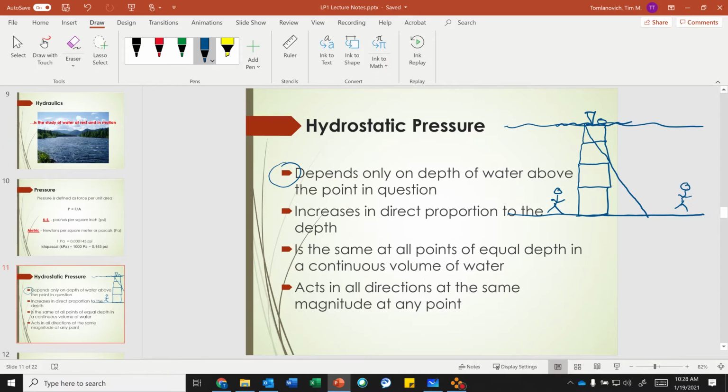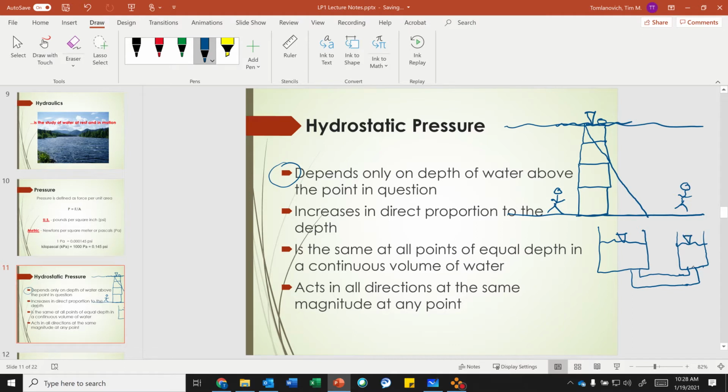So the third point is that pressure is the same at all points of equal depth in a continuous volume of water. If the water is connected, let's do this. Let's make a pool, and let's say I have a pipe, and then I have another pool. Here's a water depth, here's a water depth.